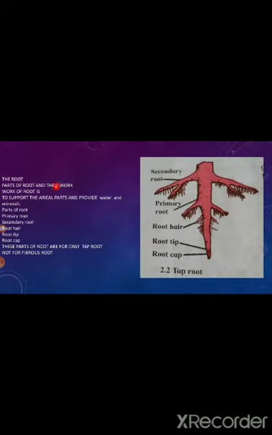Do you know, friends, what is the work of roots? To support the aerial parts and provide water and minerals. So how do the roots support the aerial parts? By only providing water and minerals? No, they also support them. While heavy rain or storm is there, we are safe at our home.